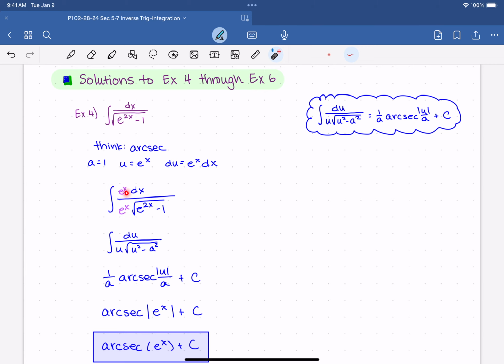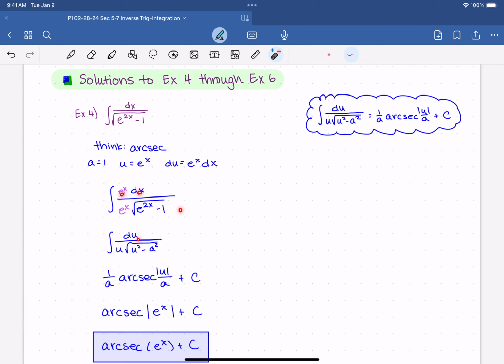So if I put an e to the x at the top to give me du, I have to put one in the bottom to make up for it. But that worked out nicely because I do need a u on the outside of the radical, and that would actually get me my u. So this ends up being the trick.